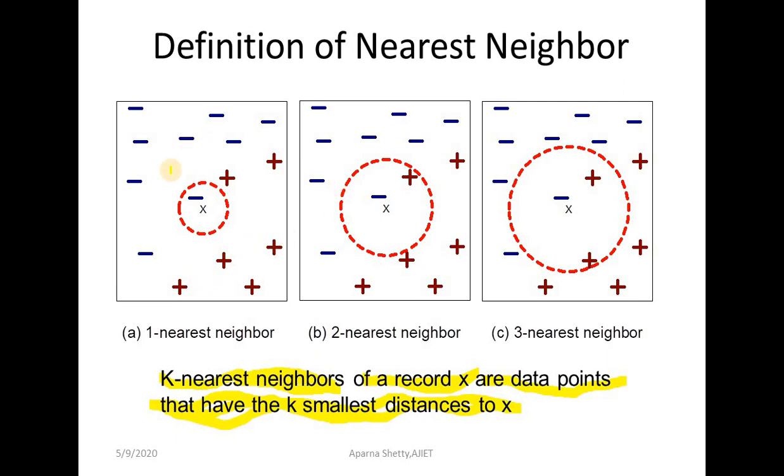So here is an example of one nearest neighbor. This X over here is the test data which you want to classify.